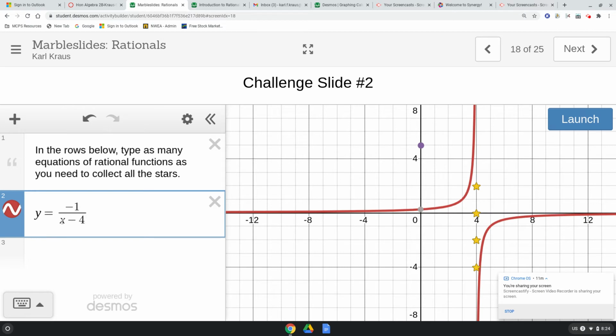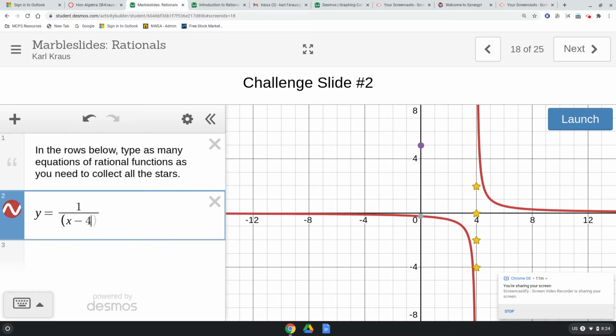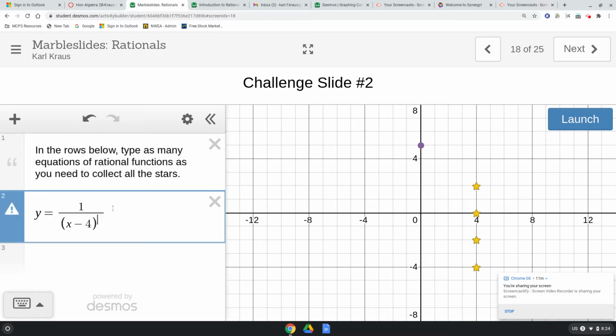Let's see what if I make this squared here. Try that again. Y equals 1 divided by x minus 4 squared.